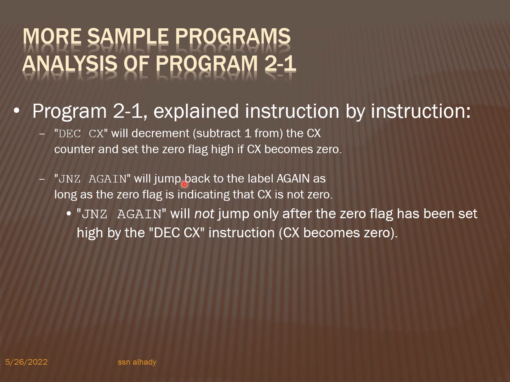JNZ again will jump back to the label as long as the zero flag indicates that CX is not 0. When CX is not 0, it will not set the zero flag. JNZ again will not jump only after the zero flag has been set high by the decrement of CX.